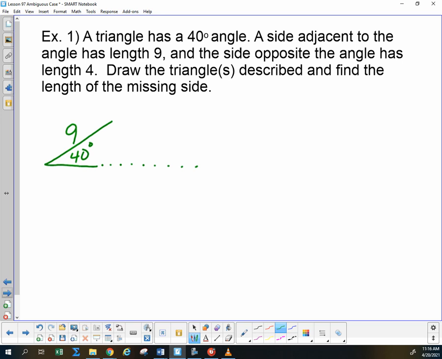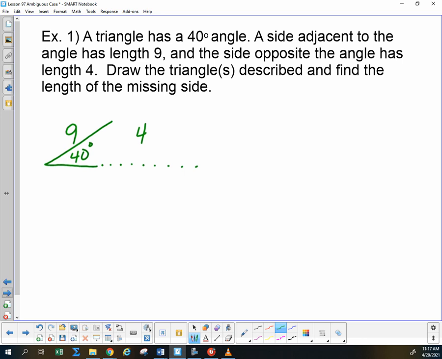You could put it either the top or the bottom. Those are both adjacent for the 40, but I like to put it on the top and keep all of my pictures consistent. I know the side opposite that 40 degrees is 4, and so all I'm going to do is write the 4 down for right now, because right now I don't know, should I draw it straight down at a right angle, or should I make it angle out so I have an acute angle, or in so I have an obtuse angle?